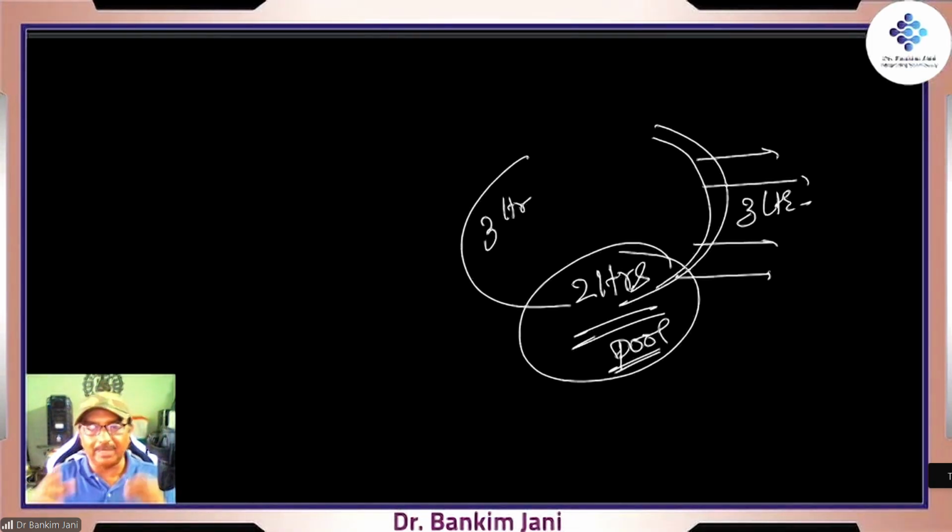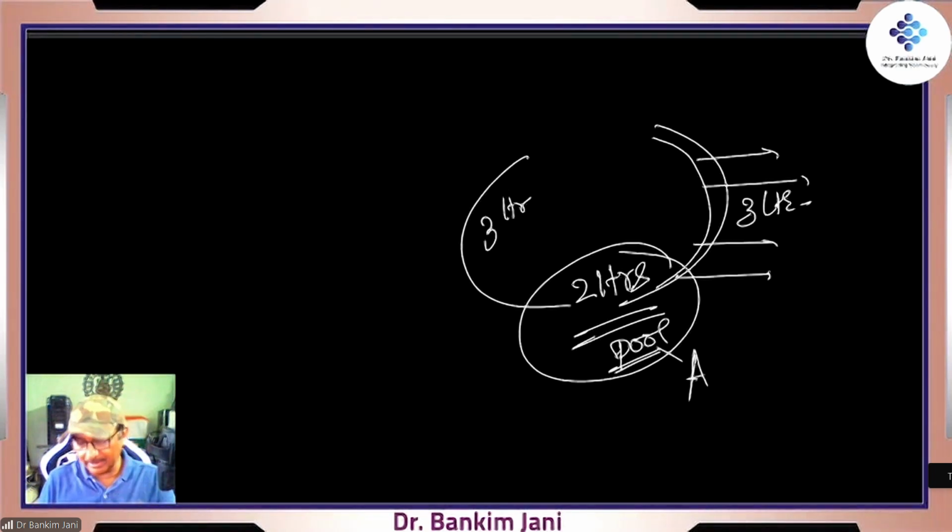Peripheral pooling. Whenever we talk about peripheral vasculature, the extra blood is lying over here. Think of it like a swimming pool. Whenever we use the word pool, pool means accumulation.